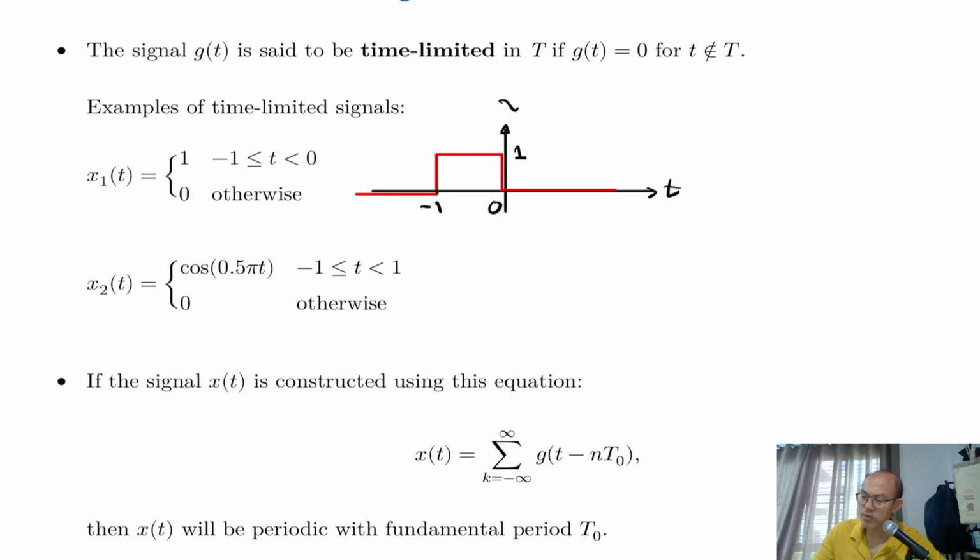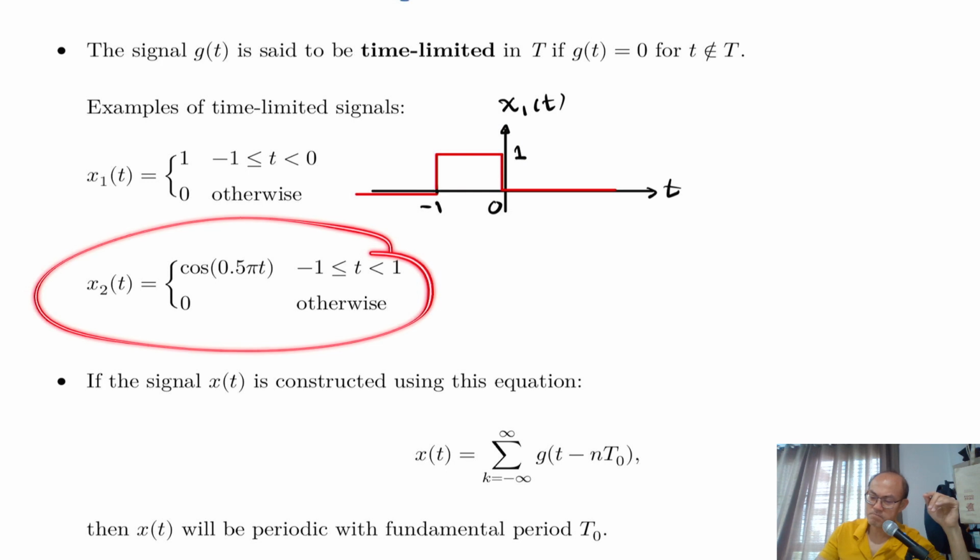This is x1. You see, it is time limited. It has a value only within some certain interval. Outside the interval, the value of x1 is 0. So this is time limited, right?